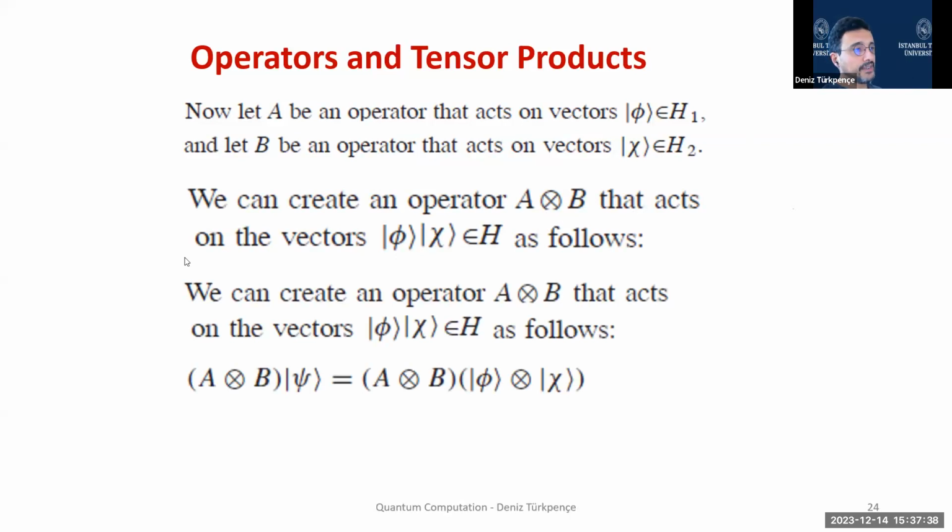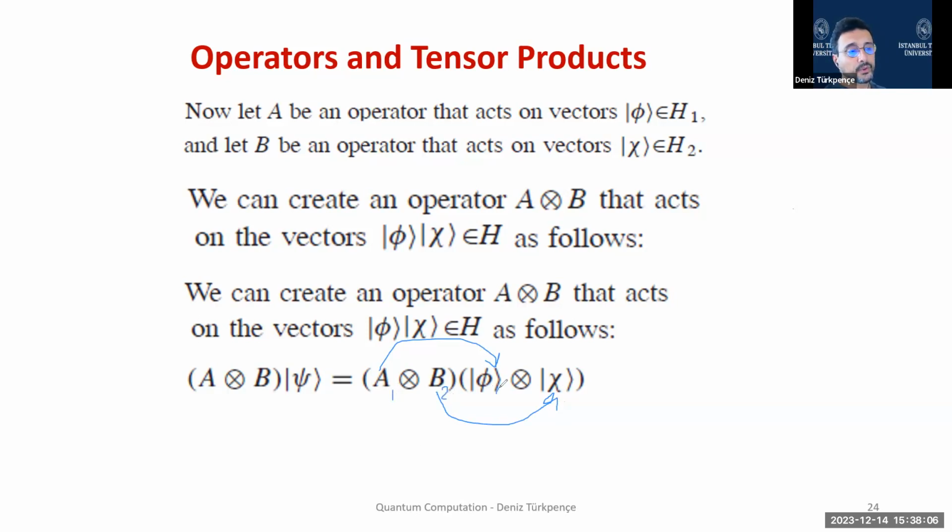So this is the right way to multiply operators in these operations. Here, operator A is acting on this space and operator B is acting on this space. Why? Because this is the first order and this is the second order.